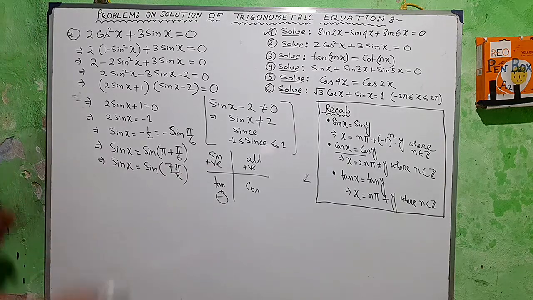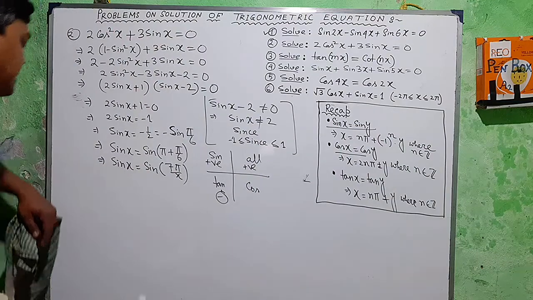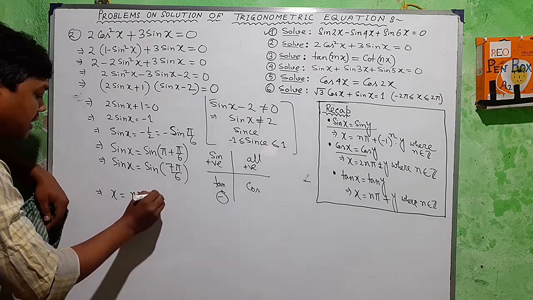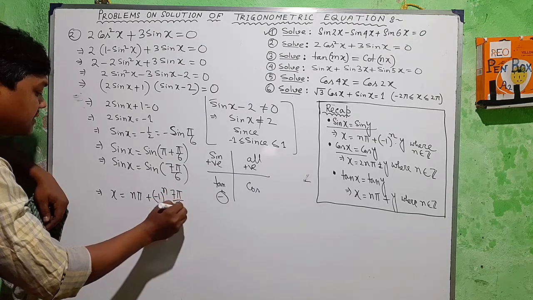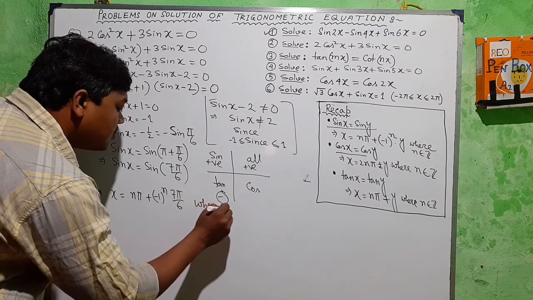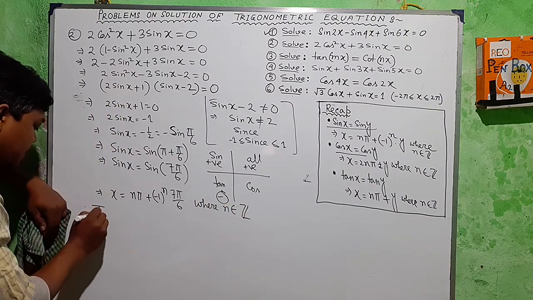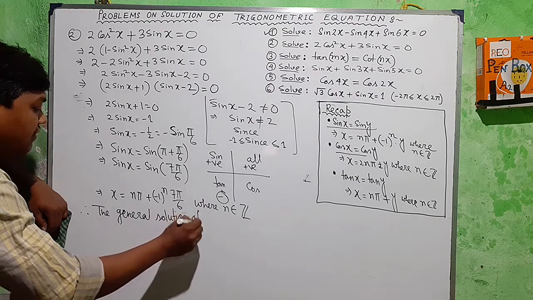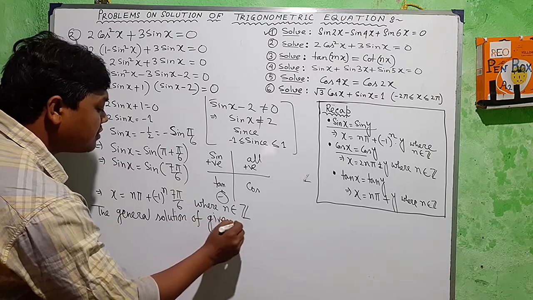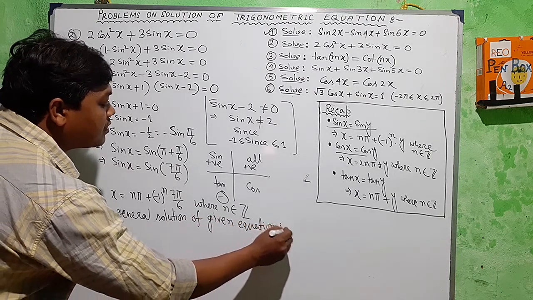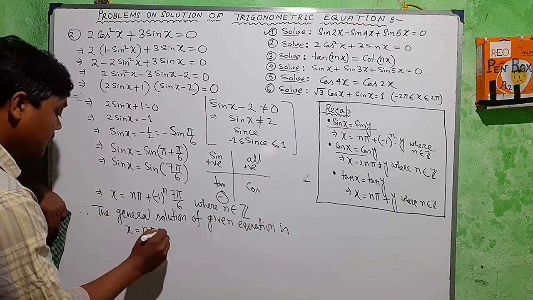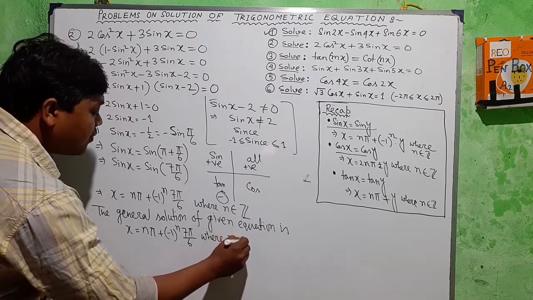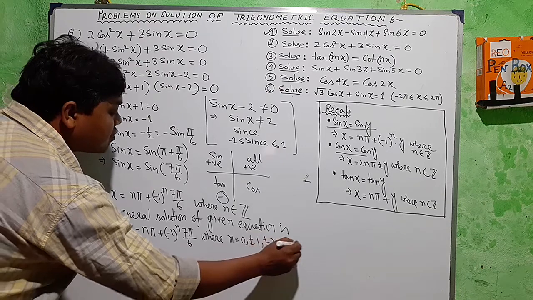Now by using the previous formula, if sin x equals sin y, then x equals n pi plus minus 1 to the power n into 7 pi by 6, where n belongs to Z. Therefore, the general solution of the given equation is x equals n pi plus minus 1 to the power n, 7 pi by 6, where n takes the values 0, plus minus 1, or integers, you can say plus minus 2 and so on.